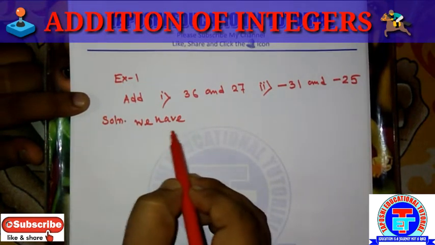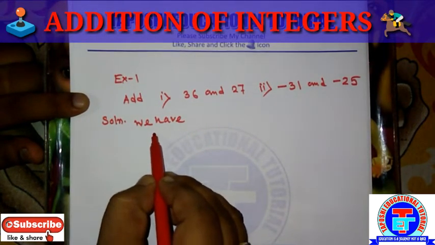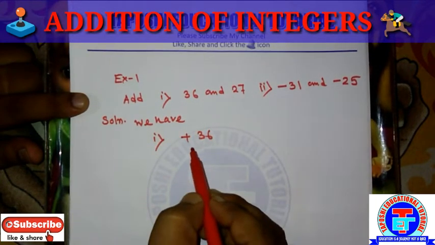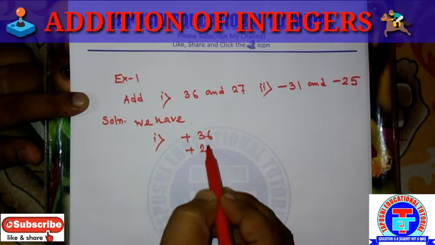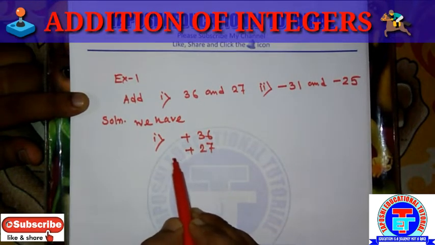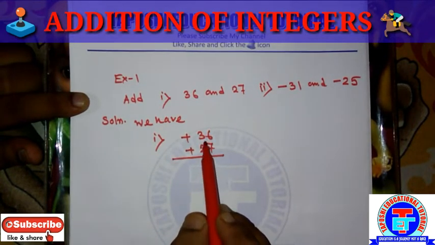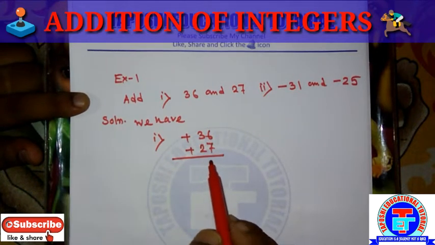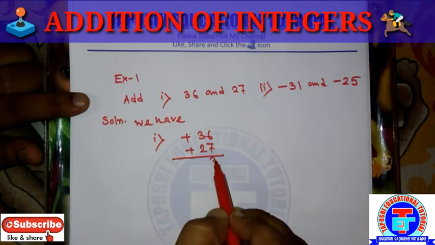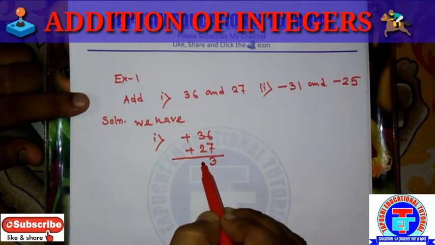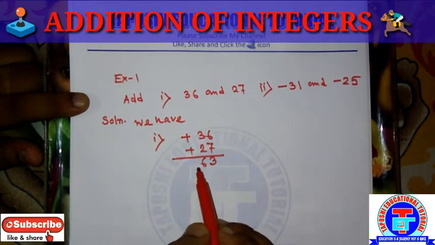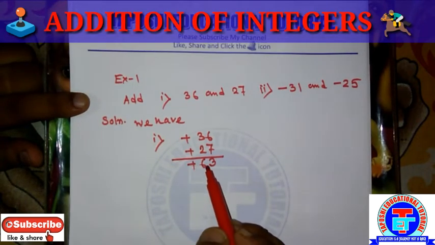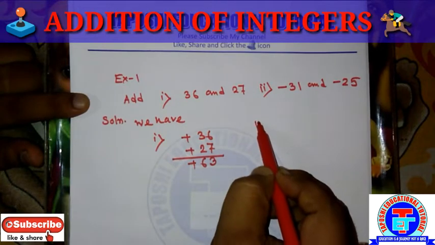We have number 1, 36 plus 27, so as usual we do the addition. 13 and carry 1, this one 6. So here the plus sign. Now in number 2 we add minus 31 and minus 25.